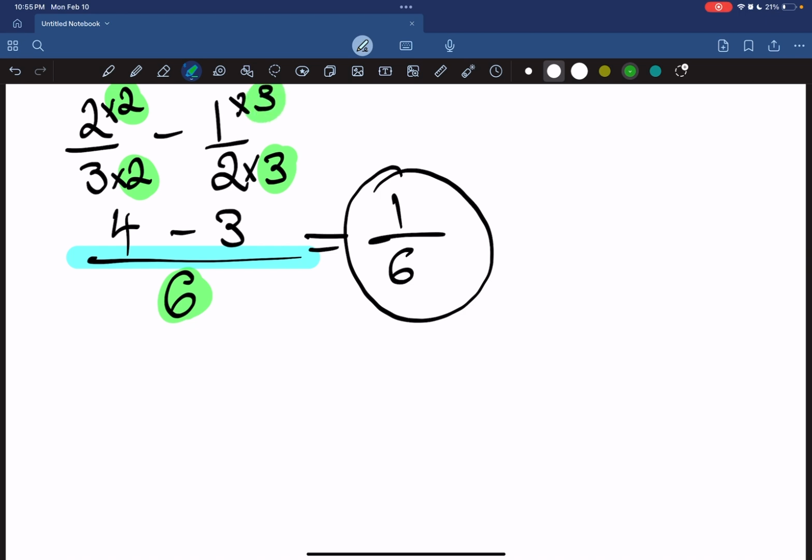So 2 times 2 gives me this, 1 times 3 gives me this. All I need to do now is keep the denominator the same and subtract these two, since subtraction is what we're working with. And that's how we add and subtract fractions.